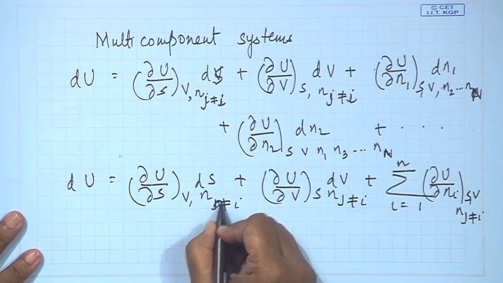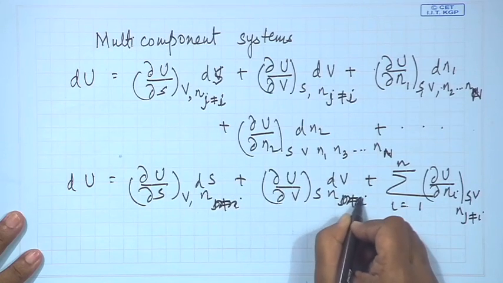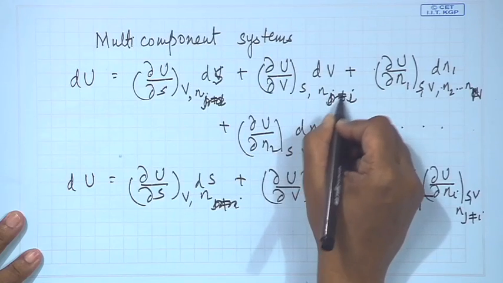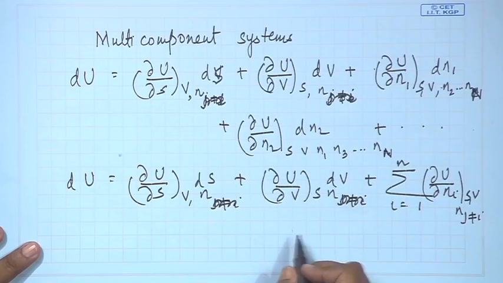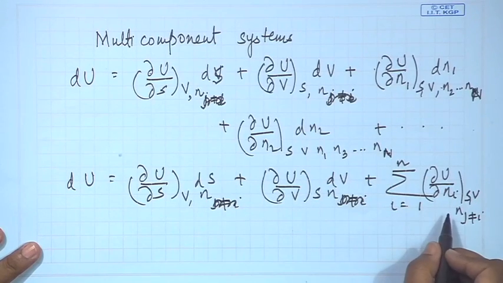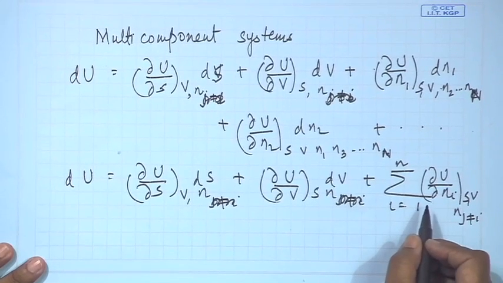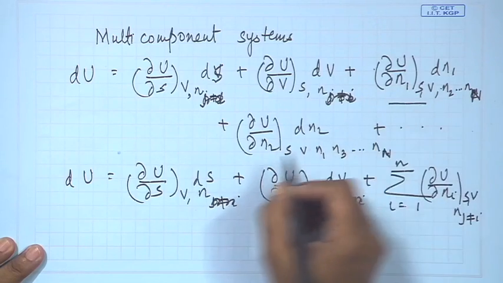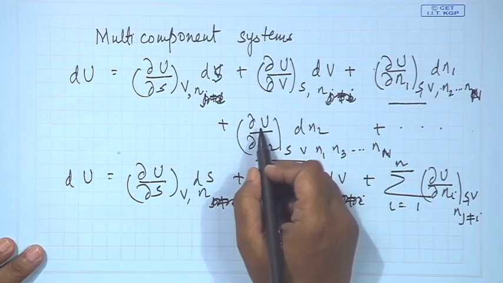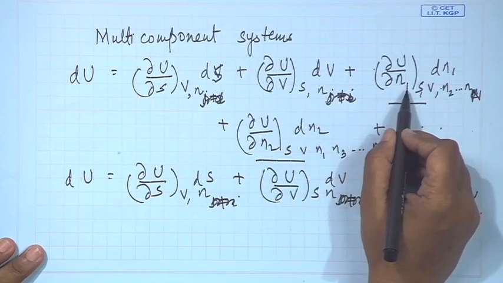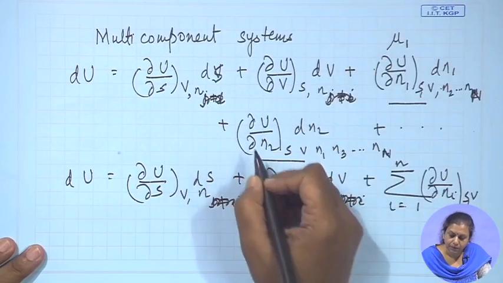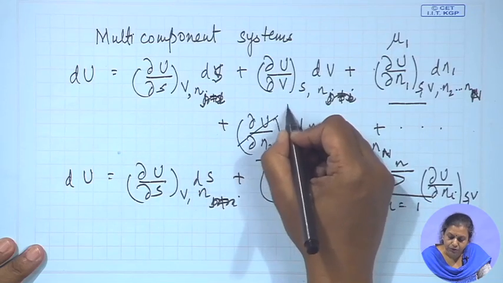I am sorry, in this particular case it should have been total n. I am very sorry for this mistake. So, this is the final equation which we are going to get for multi-component systems, and in this equation we find that each variation of U with the mole numbers corresponds to the chemical potential of that particular component.